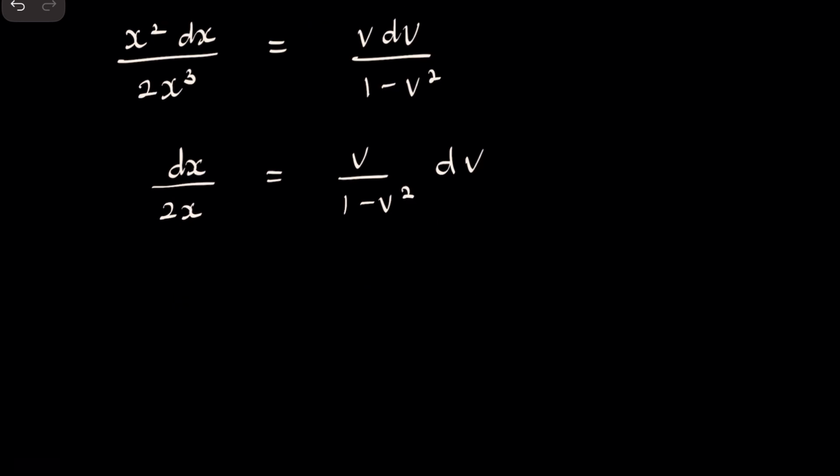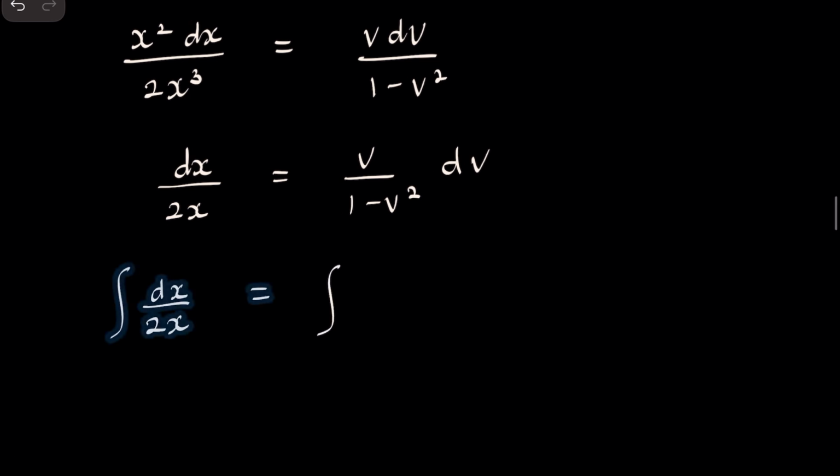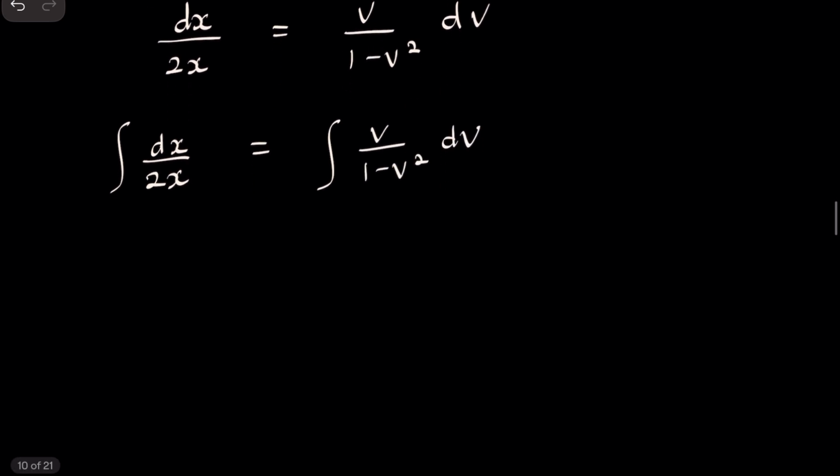So we now have to integrate both sides. We integrate the left hand side with respect to x, the integral of dx/(2x), equal to the right hand side integrated with respect to v, the integral of v/(1 − v²) dv.